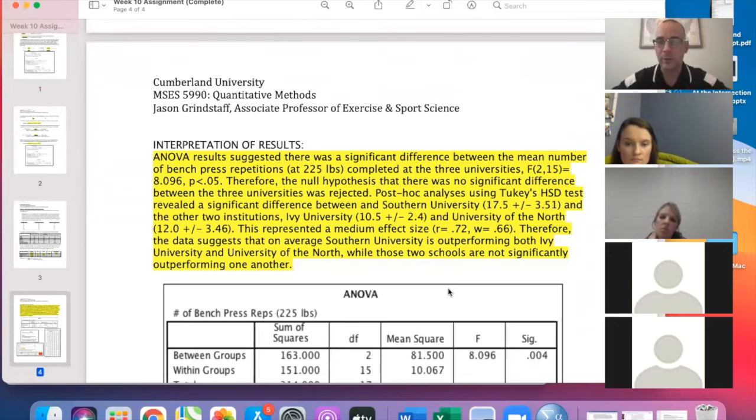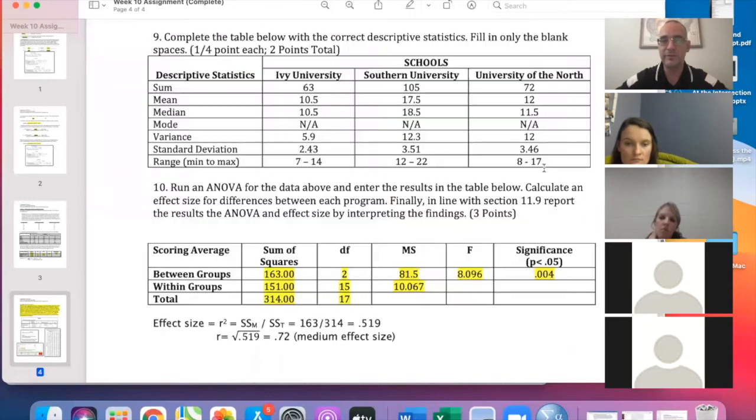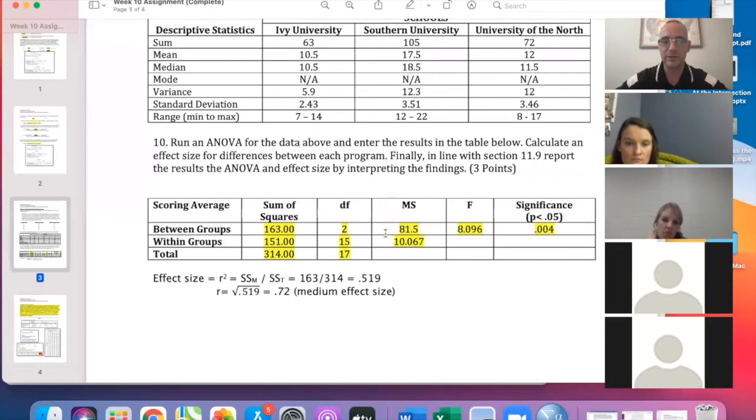Therein, we're going to report our ANOVA results. We're going to get an F statistic. We report our degrees of freedom, 2 and 15. Let's go back to our output. Degrees of freedom between is 2, and within groups was 15.